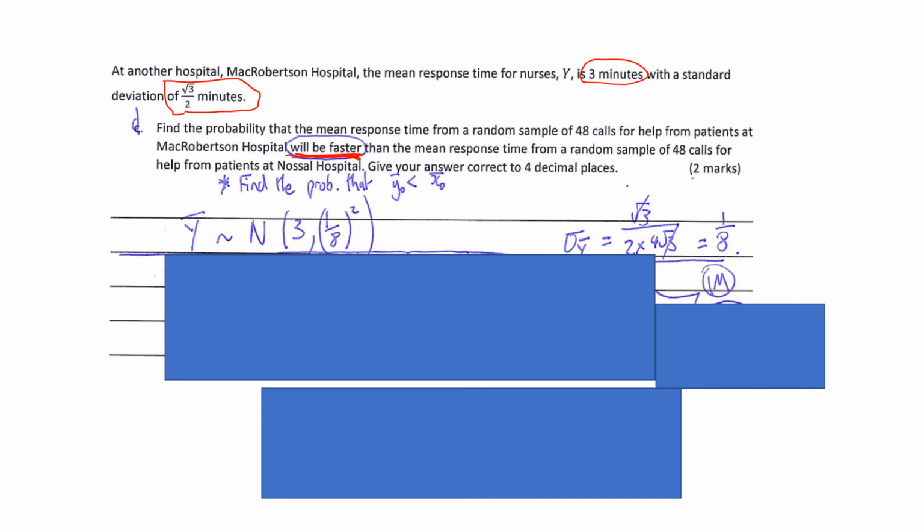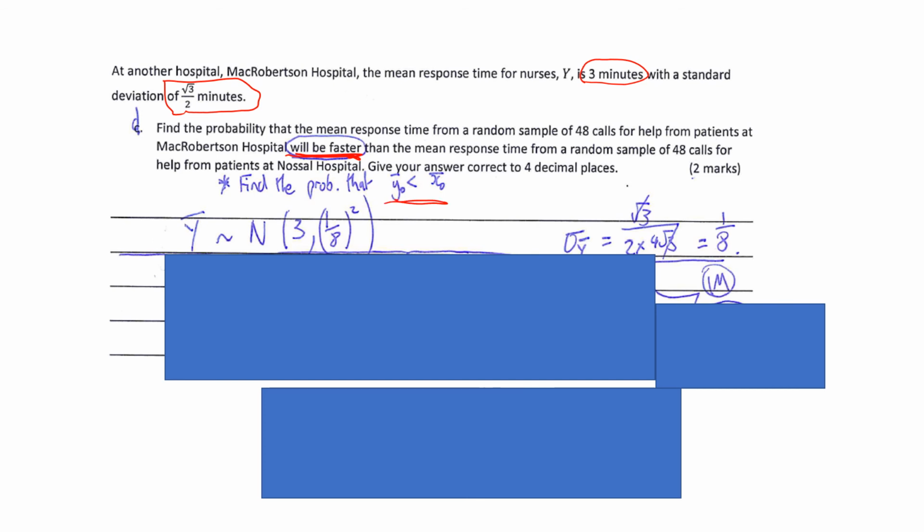So 48 calls, obviously, so you didn't have to do any major recalculations. So find the probability that a sample estimate of 48 response times from McRob will be less than the sample estimate of 48 from Nossal. So this is what we're after.